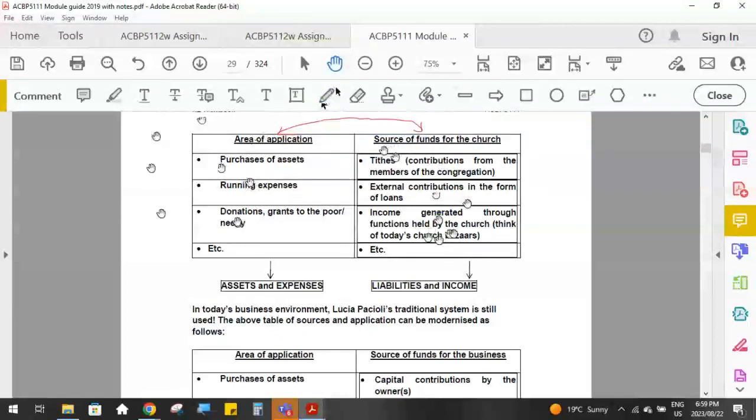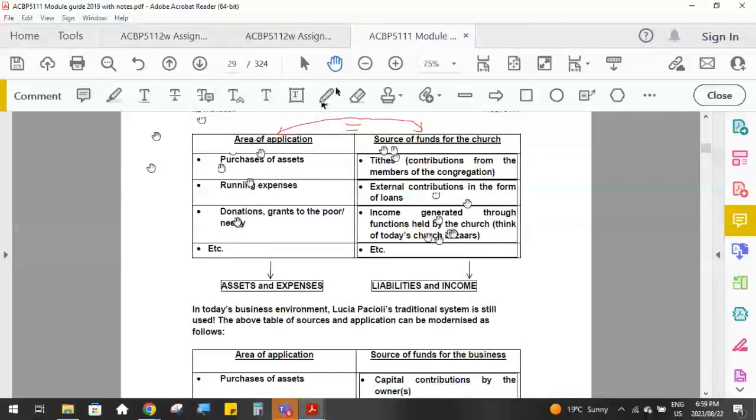And the books had to balance. So the church had to be able to prove of all the money that they were given, exactly what they did with that money. So those two sides had to equal each other.